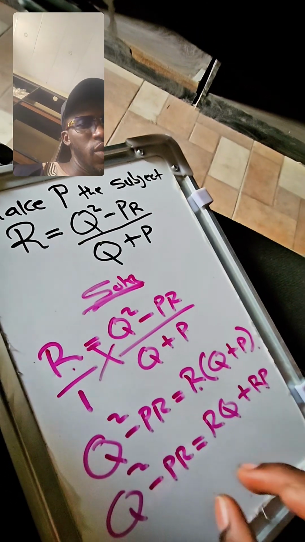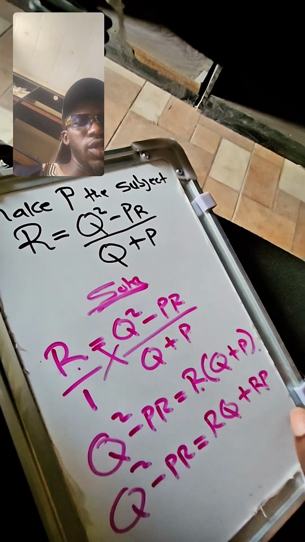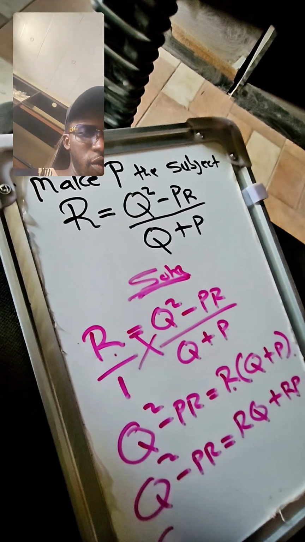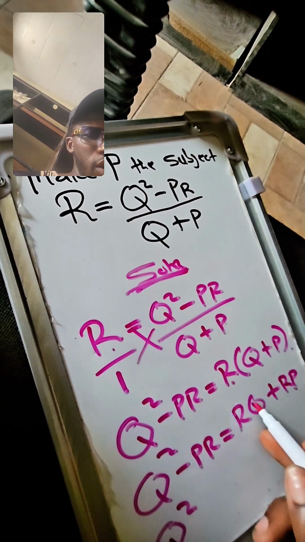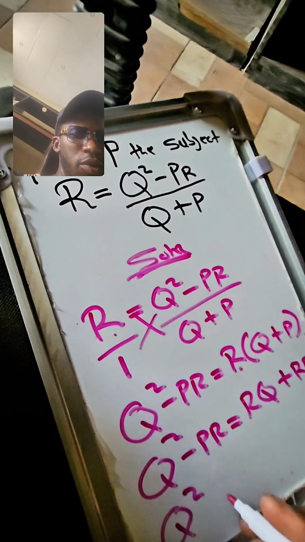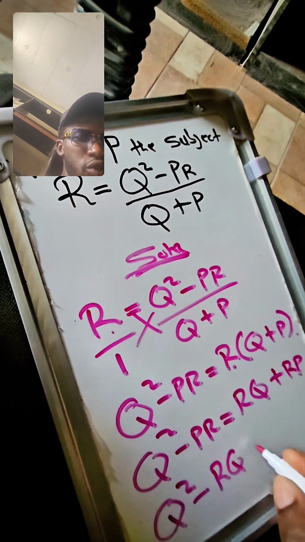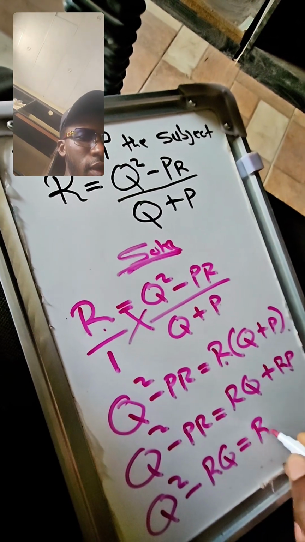Okay, so now all terms with P, let's have them on one side, and all terms without P, let's have them on the other side. So here you have Q squared. Now you have RQ. When RQ crosses the equality sign, it becomes negative. So you have minus RQ equals. Now you are left with only RP here.